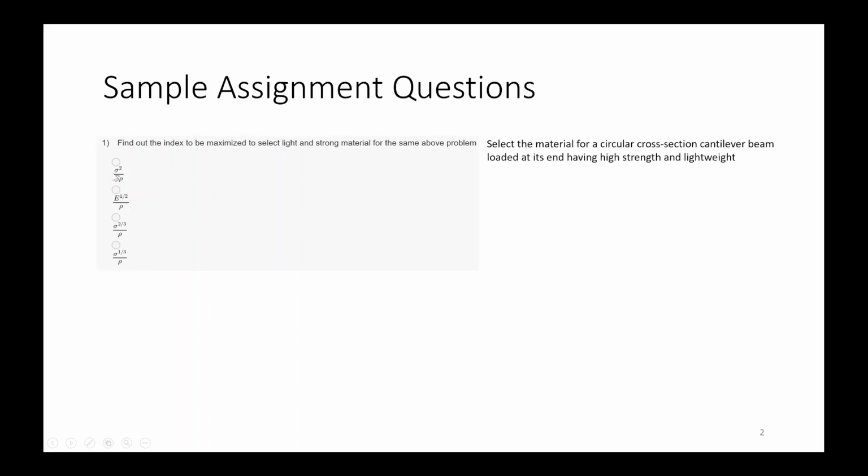So your options are sigma square upon E rho, or sigma E to the power half divided by rho, or sigma to the power 2/3 divided by rho, or sigma to the power 1/3 divided by rho. Sigma is your strength of material, capital E is your elastic modulus, and rho is your density of material. So your answer will be C.